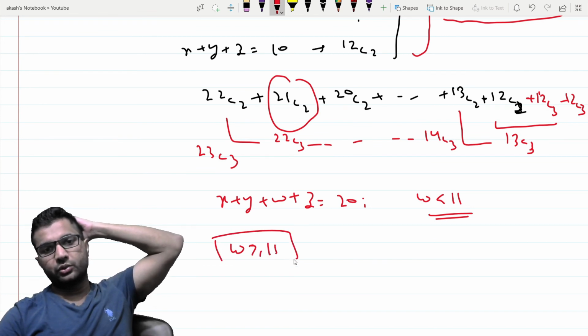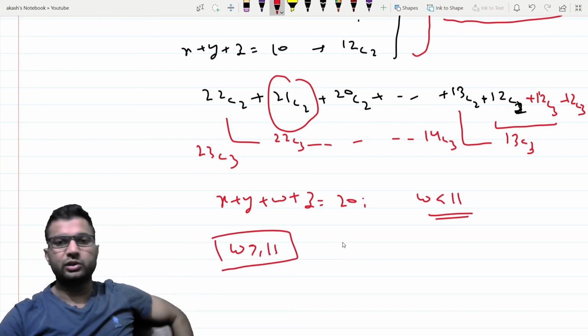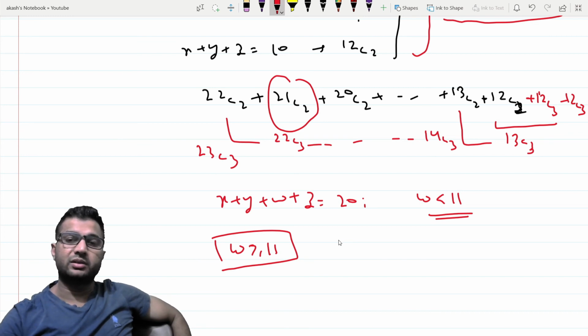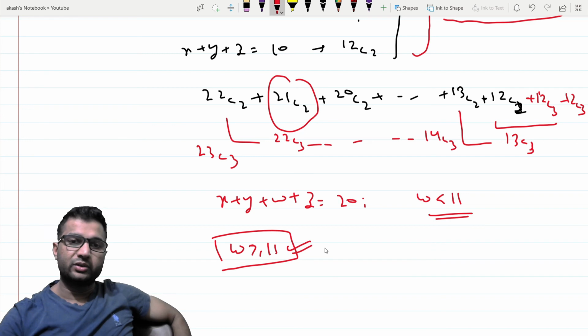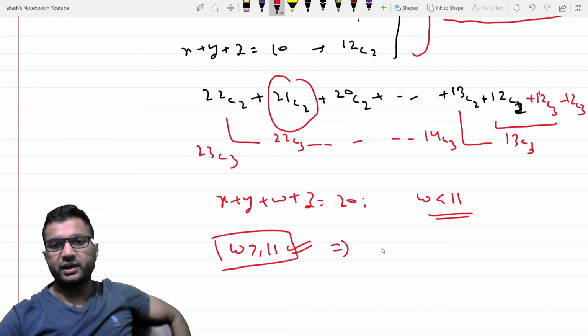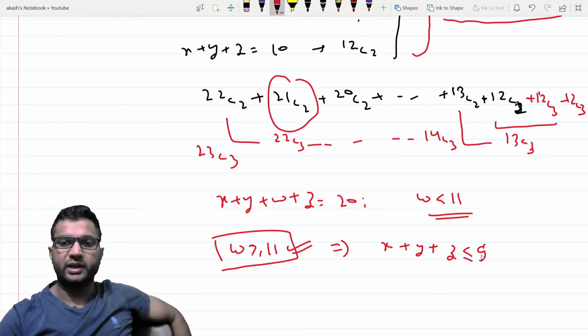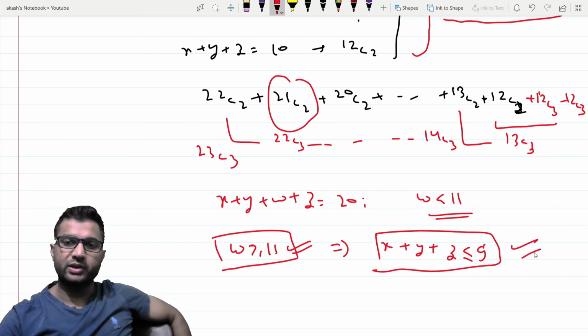So what I'm going to do, I will simply write all the solutions minus the solutions where w is greater than or equal to 11. Okay, so if w is at least 11, then definitely my x plus y plus z will be less than or equal to 9. Okay, so I need to find the solutions corresponding to this particular inequation.